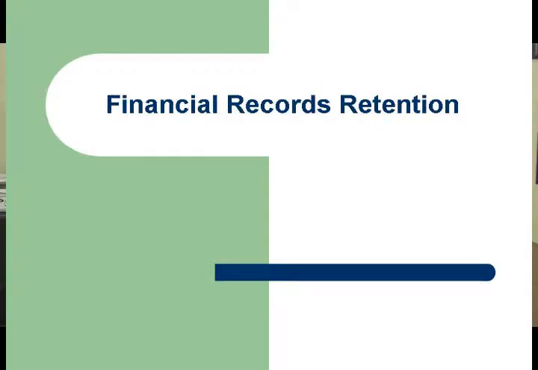So that's that. Financial records retention, let's talk about that a little bit. Obviously, there's going to be a lot of records generated off of this. Over a period of time, you're going to have a lot of boxes. So how long do you keep these things? Well, you don't need to keep them 20, 30, 40 years, however old your association is.